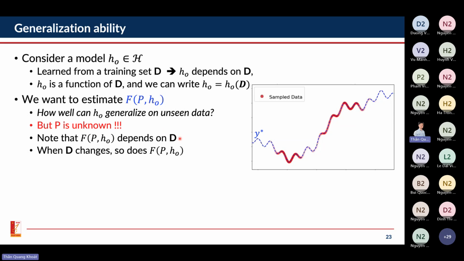But when we have a data set D, we can compute the error on this data set, right? And of course, when the training set is changed, this quantity is also changed.